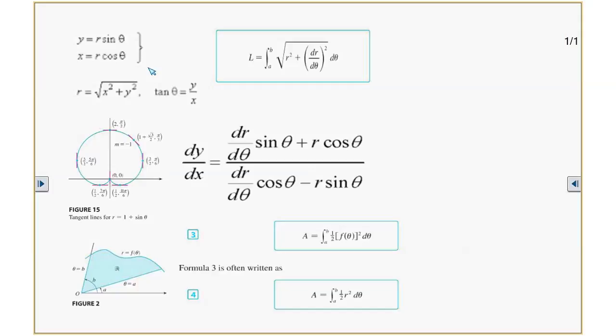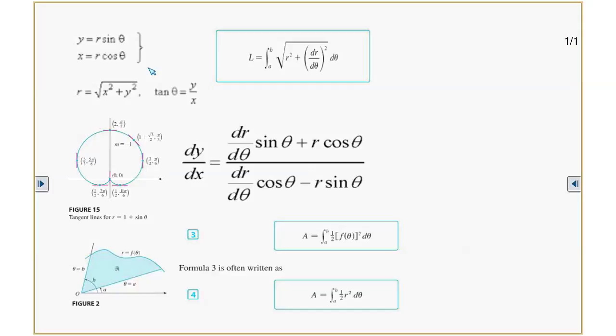Now I'm going to go over a little review of polar coordinates because I don't know how long it's been since some of y'all have had polar coordinates. I know we went over it a little bit in Calc 1, didn't we? My class, didn't we go over it? I think we went over it a little bit. Somebody let me know if I did or didn't. But most of you have had polar coordinates because you've had physics.